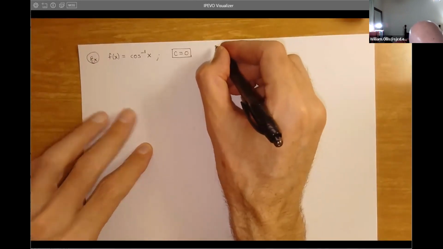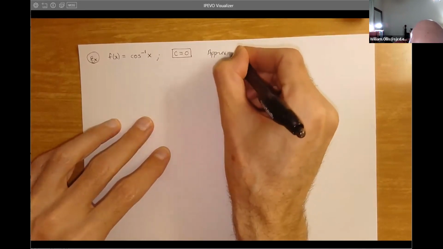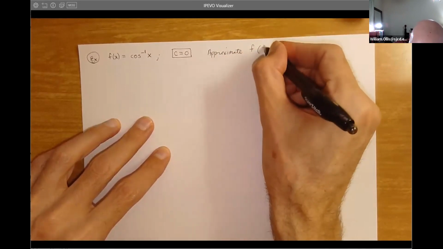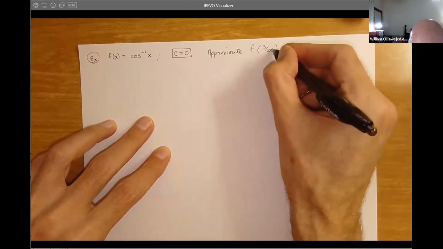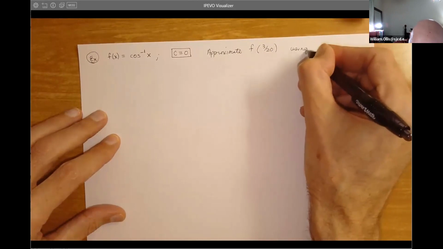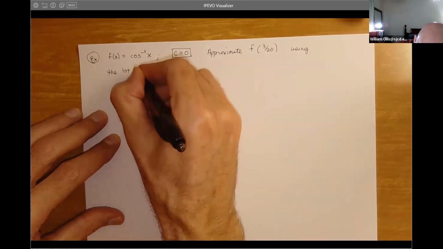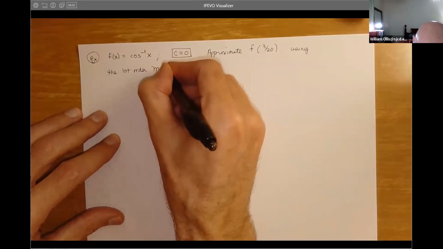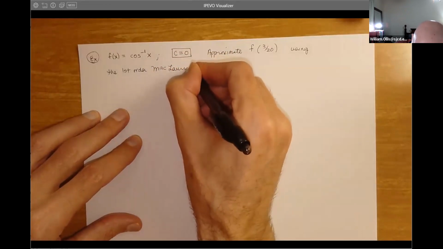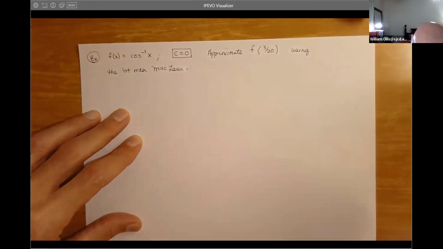We want to approximate f of 3/20, and I'm going to write it down using the first order Maclaurin polynomial. I'm phrasing it a little bit different than you might see it. Maclaurin polynomial.